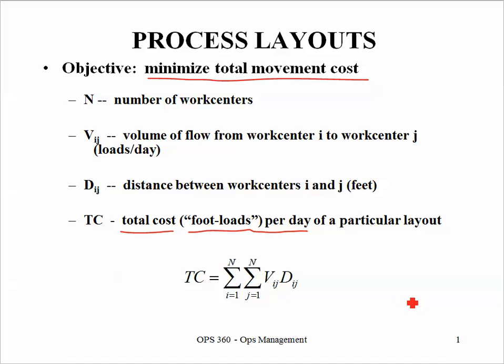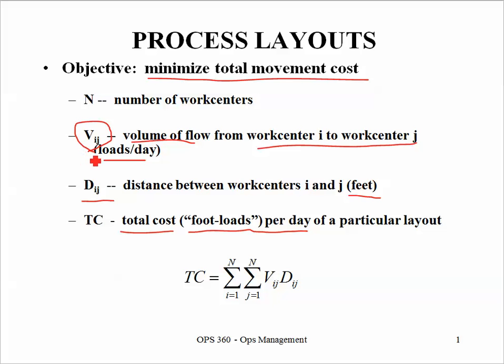So there are two components to calculating the footloads per day that are being moved between a pair of work centers. Basically, we need to look at the distance between the work centers, expressed in feet, so the distance between work centers I and J in a particular layout. And then we also have to ask how many loads per day, what's the volume of flow being moved from work center I to work center J. I'm going to represent that in my equation with the big V for volume, V sub ij.